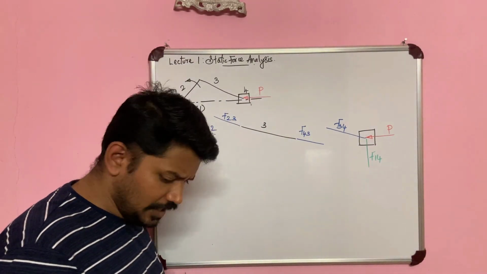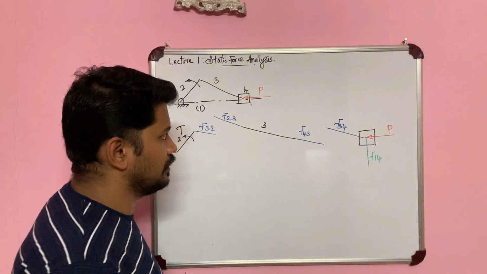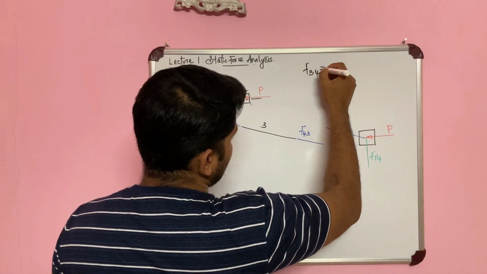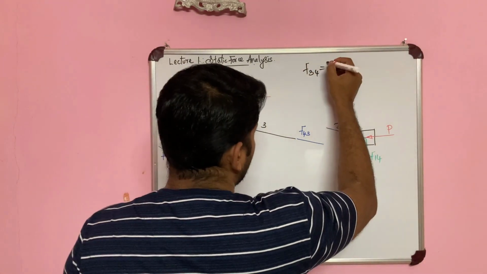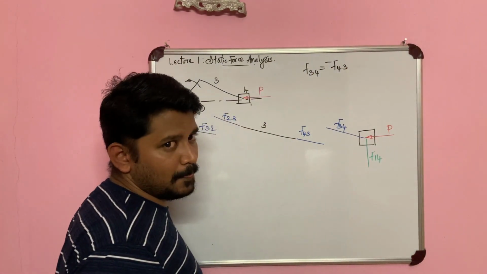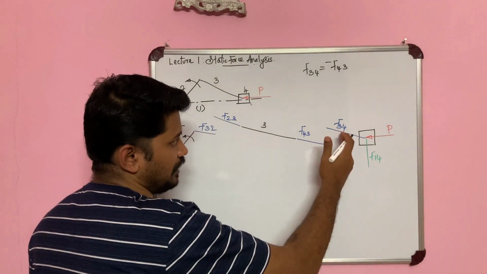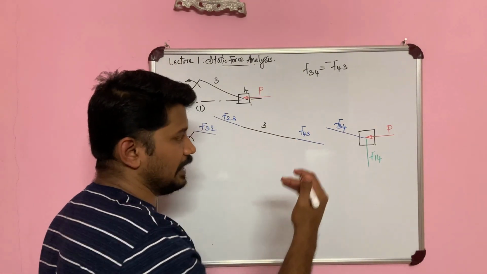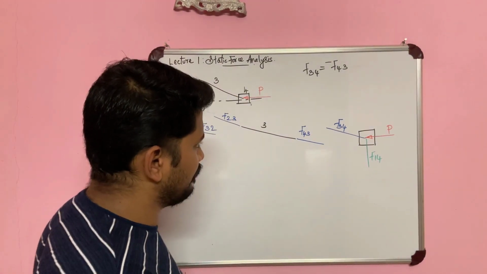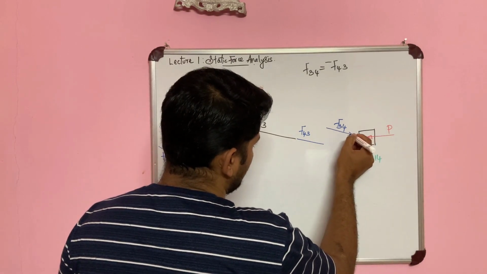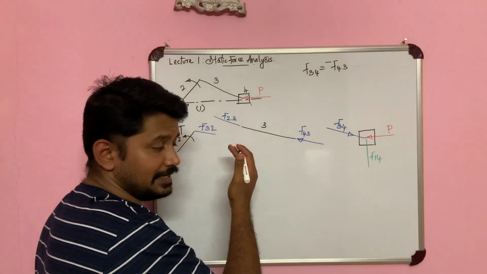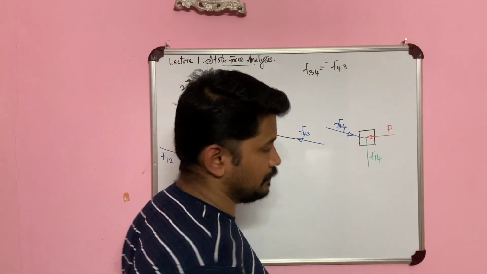Now regarding the sign convention, F34 is equal to minus of F43. F34 is equal and opposite to F43. So if I put the direction of this one like this, then F43's direction will be in the opposite direction, but these two are parallel to each other.